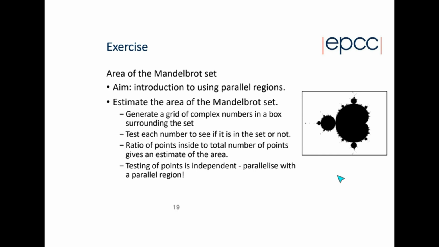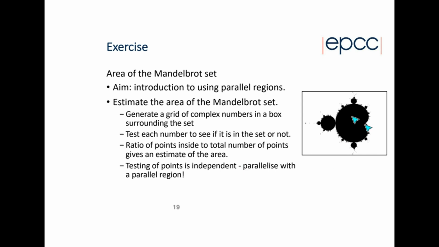What's not totally obvious from a mathematics point of view is that, despite having a fractal boundary, it does have a mathematically well-defined area. There is no known analytic expression for the area, so all you can do is estimate it numerically. You can do it in more sophisticated ways than this, but this is a very simple, roughly 10-line code.